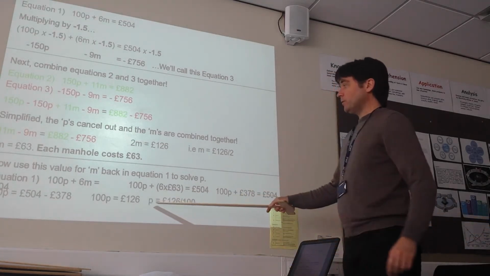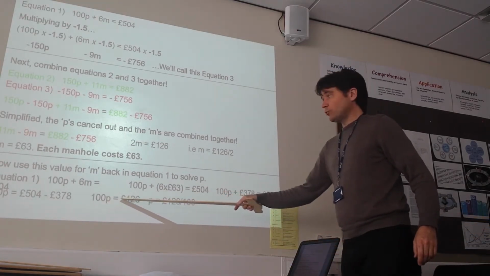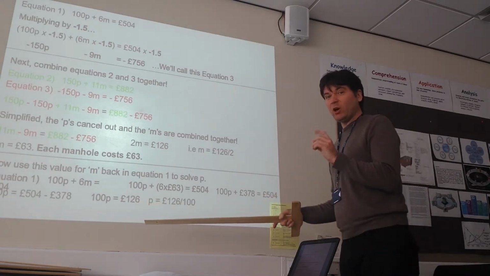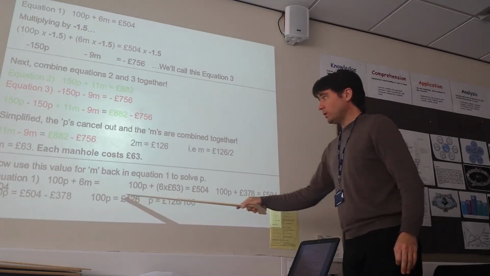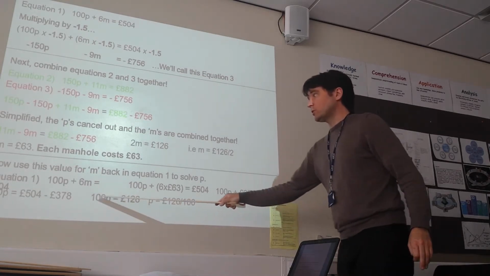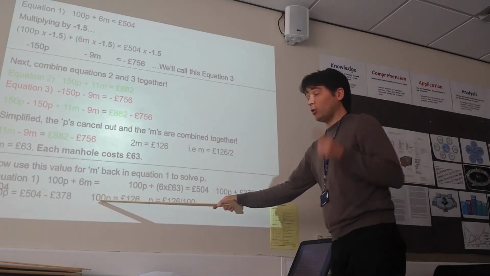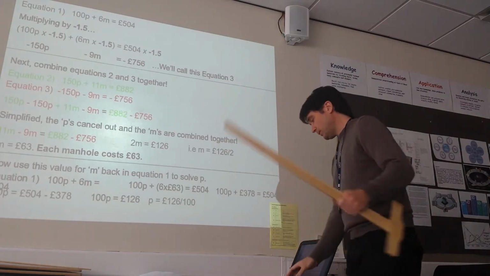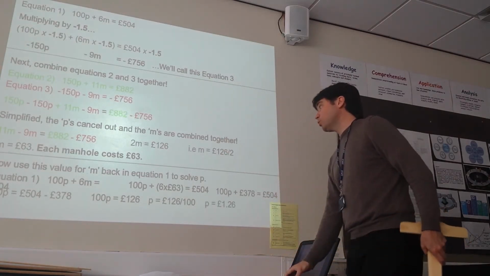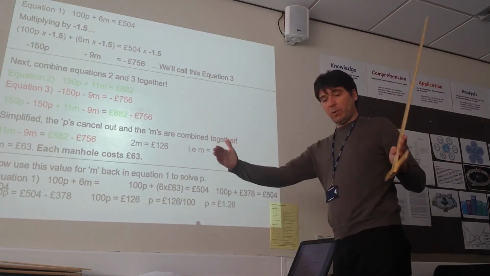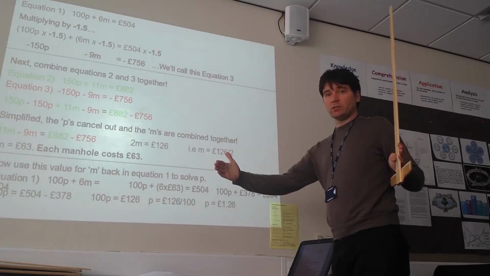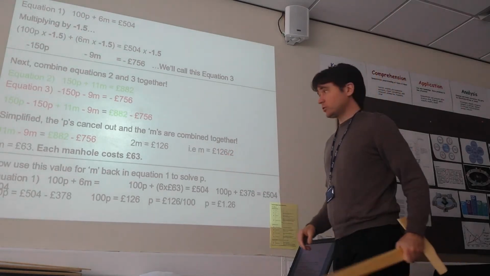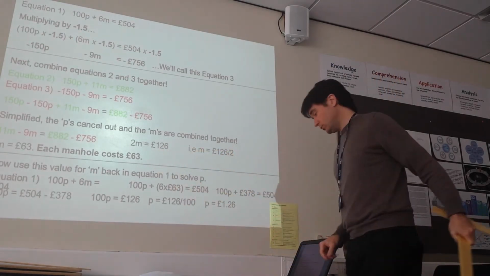So 100p is 126, so p on its own must be 126 divided by 100, because we don't want to know 100 of them, we want to know 1. p is £1.26. 1 metre of pipe costs £1.26, and 1 manhole costs £63.